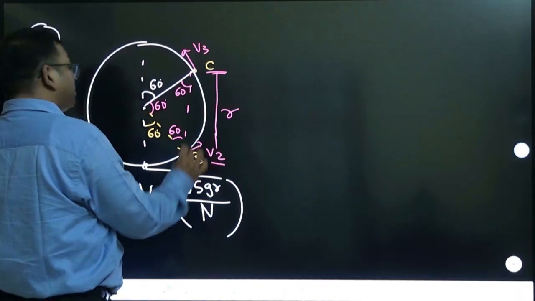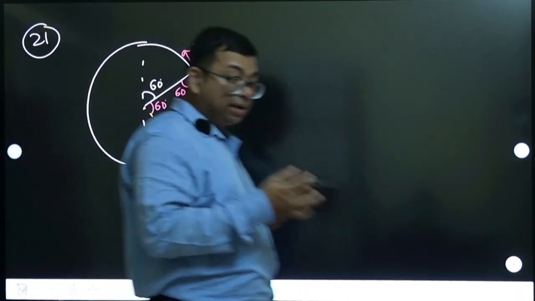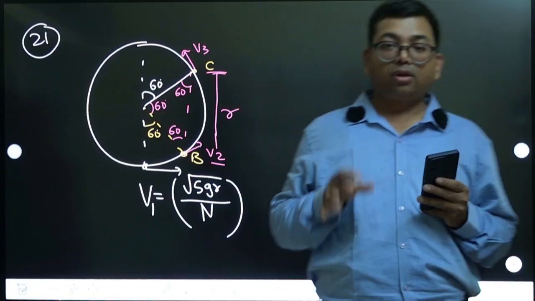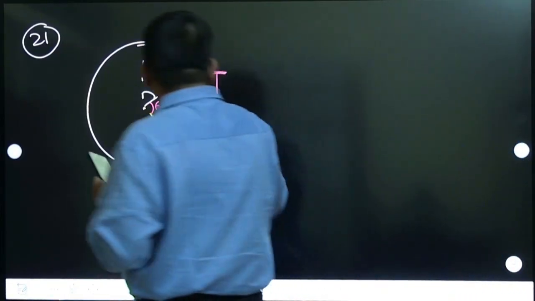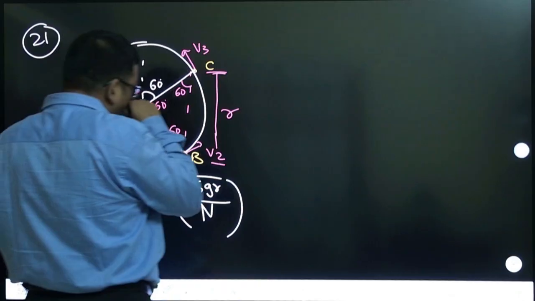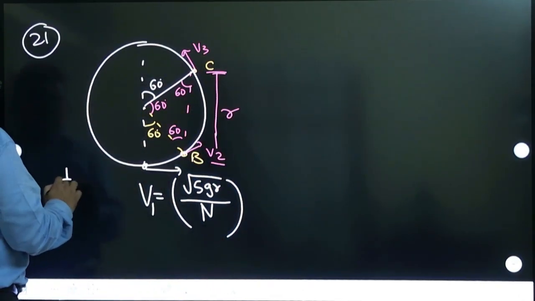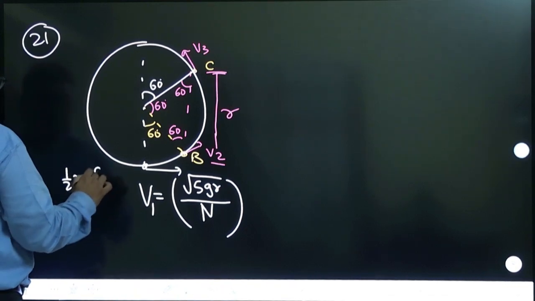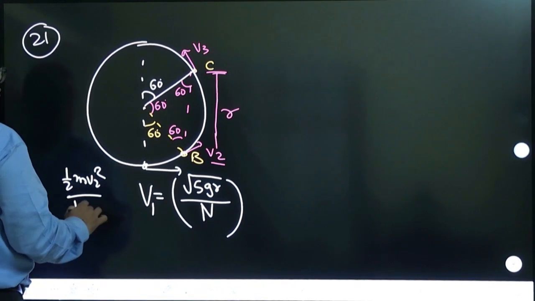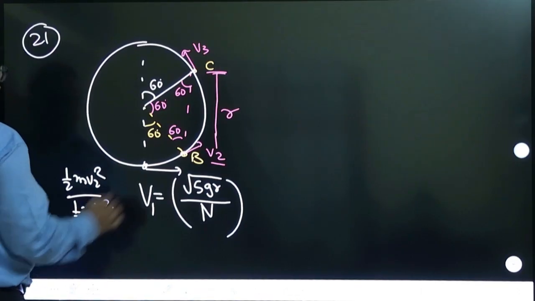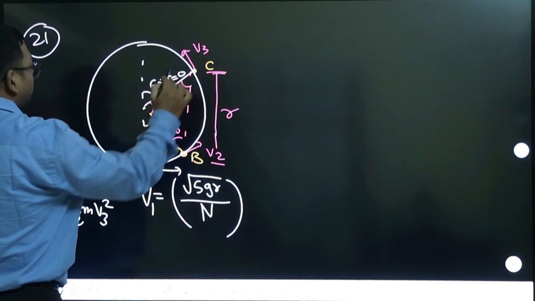You can just think between here and here, because they are not asking to calculate energy. You have to just think of here and here, energy conservation apply. So what we need to calculate is at B kinetic energy, that is half m v2 square by half m v3 square. And note that here tension is 0, they are saying.